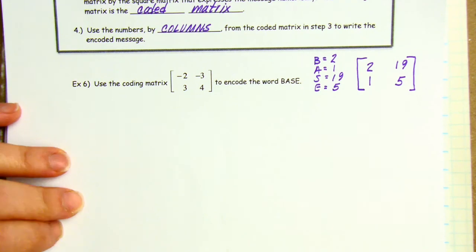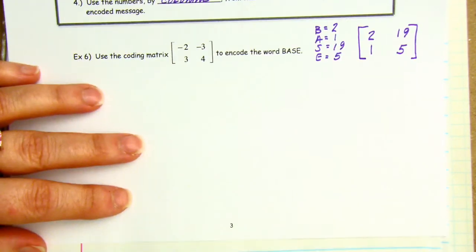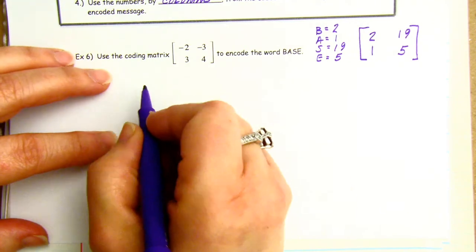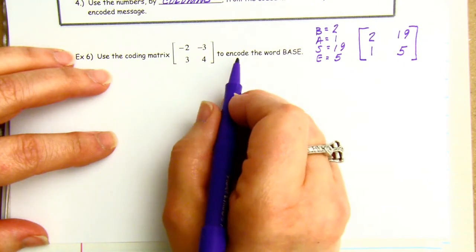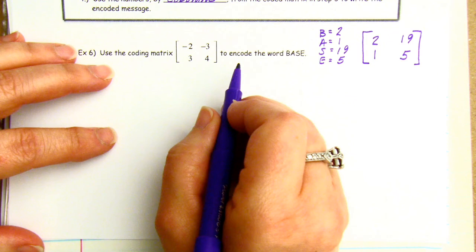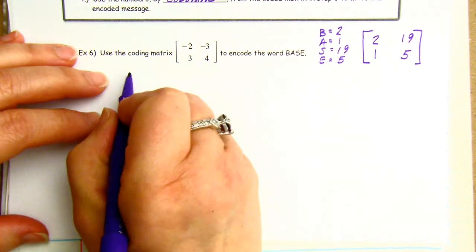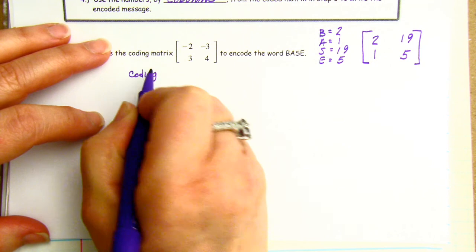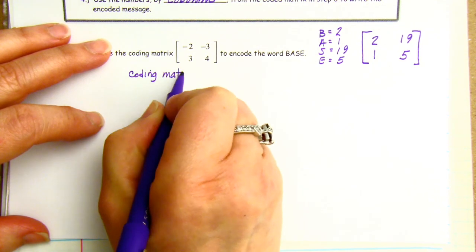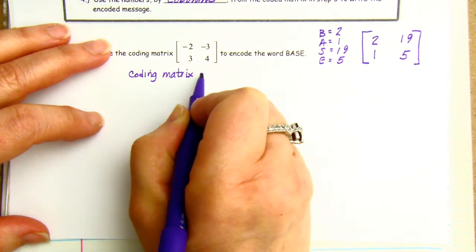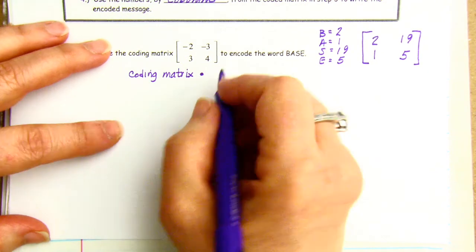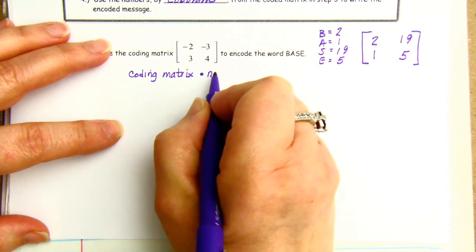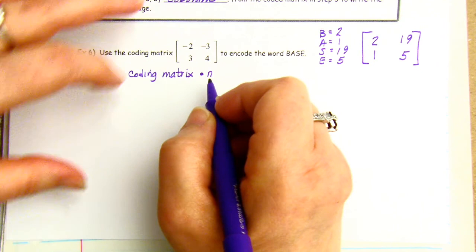All right, from the step above, to encode or scramble the message base, we need to take the coding matrix and multiply it with a numeric matrix in that order. Remember, matrix multiplication is not commutative.